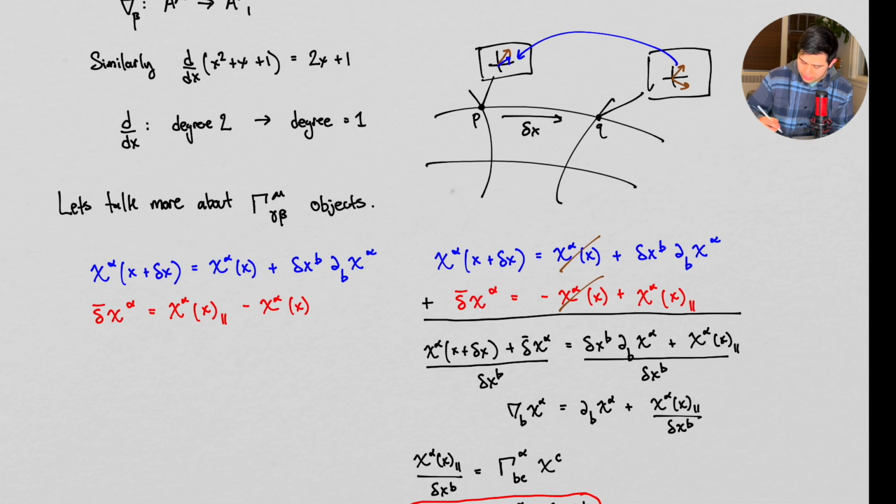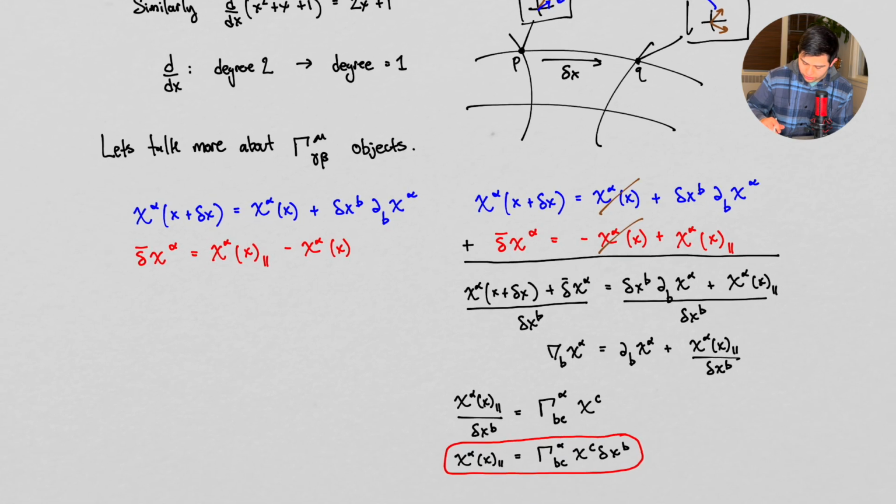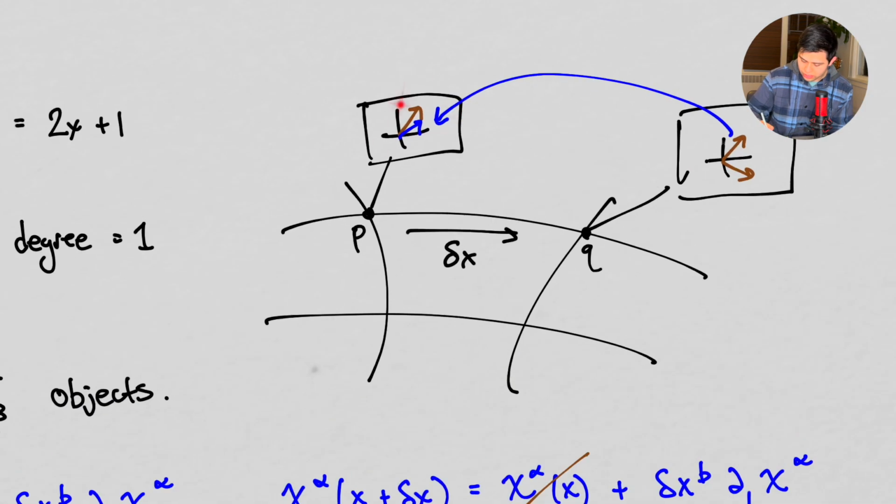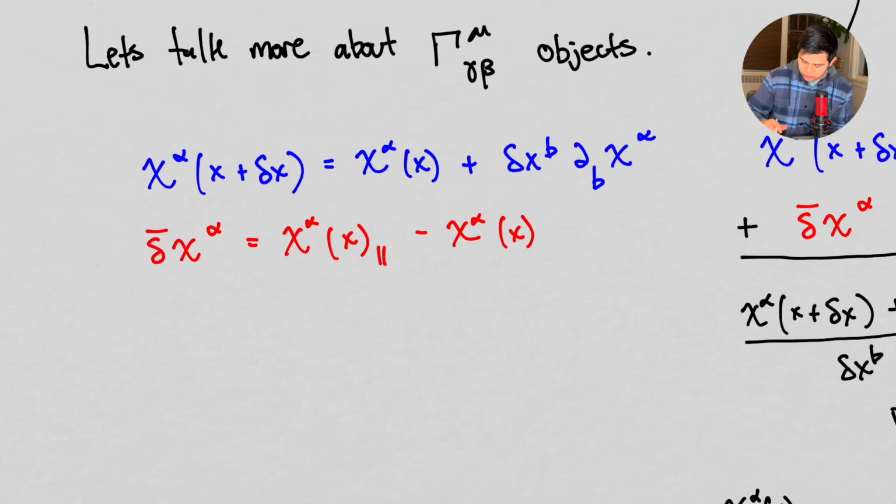We can give that a name, and that name is this guy right here, okay? And then the difference between these two guys is going to be this, and this here is going to tell us everything about parallelism, because if these two guys are the same, that means this difference is 0.